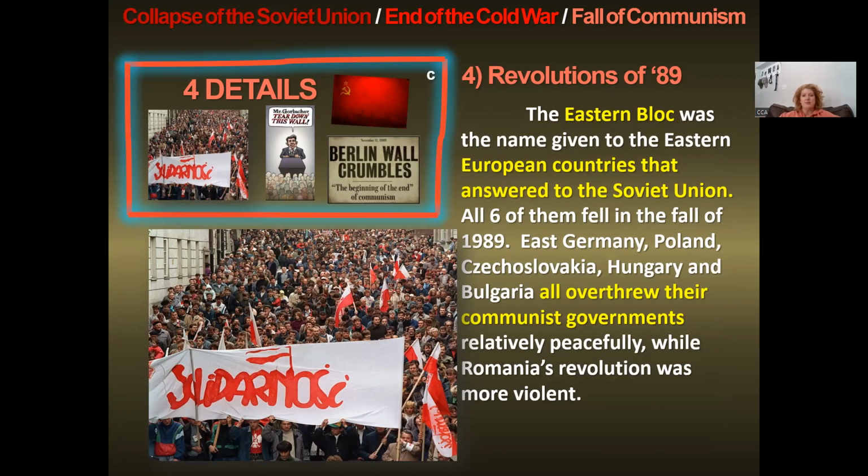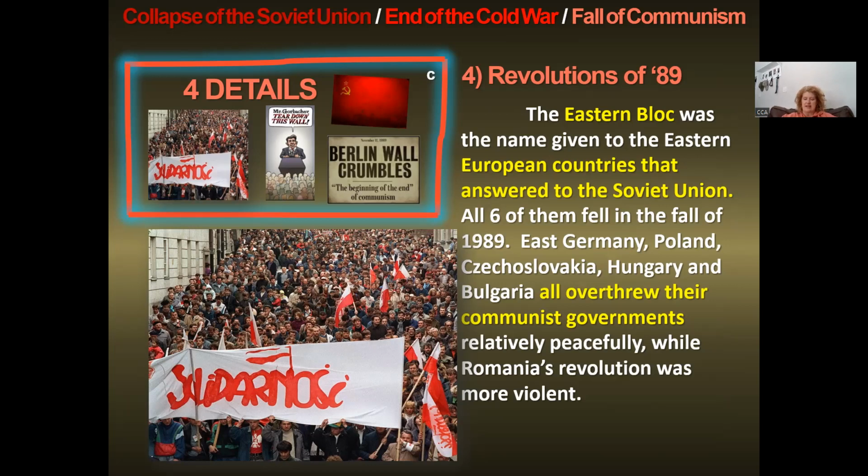That's East Germany, Poland, Czechoslovakia, Hungary, and Bulgaria, and they all overthrow their communist governments relatively peacefully. Romania's revolution was more violent. I do remember as a teenager watching this on the news. What was his name? Ceausescu.